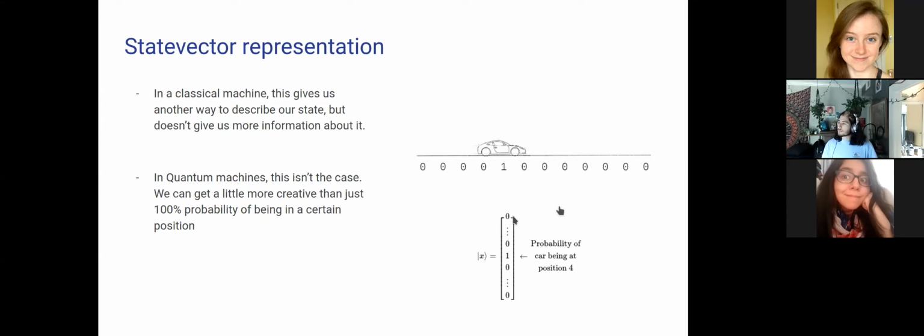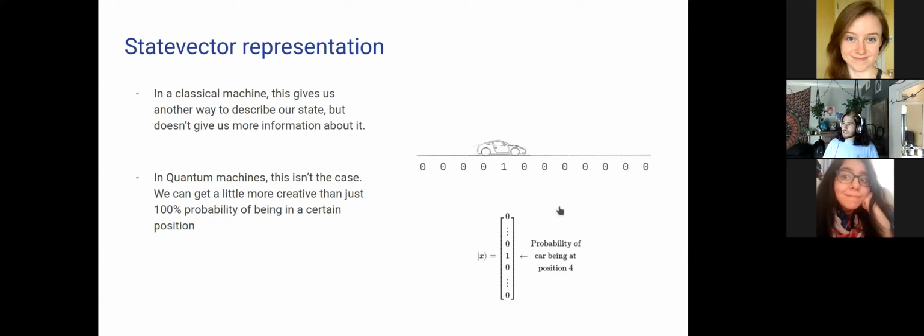Within the state vector, it's not actually the probability but the probability amplitude that is described, and we'll talk more about the translation between those two ideas. But we can think of it in this case as a probability, and say that there is a 100%, or a probability of 1, of this car being at position 4. Again, it's the same description, but in classical machines, this doesn't really help us very much.